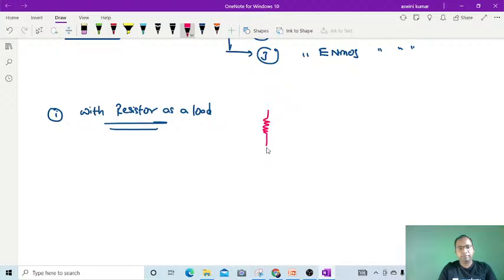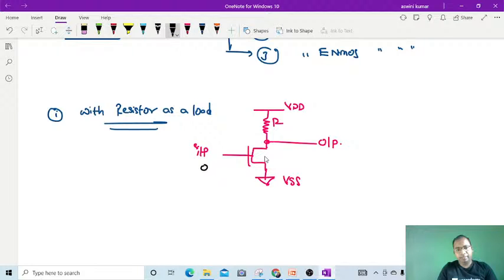It is VSS, it is VDD and the resistor, and from here we are collecting the output, and this is the input. Now whenever we give the input as 0, this N MOSFET will be in the off state, then VDD completely connects to the output, and you will get the output as high.